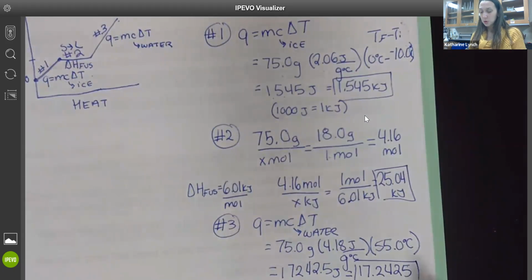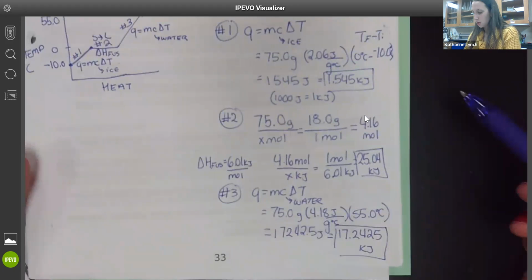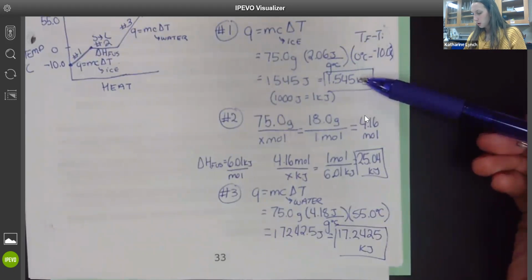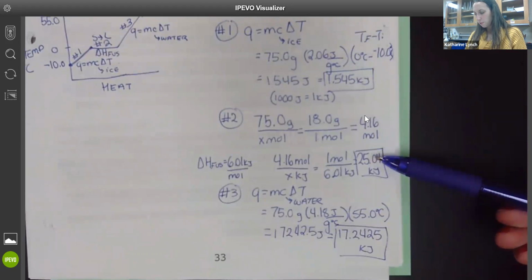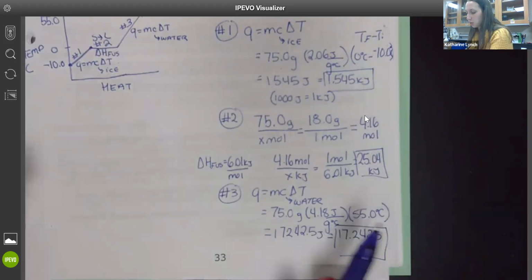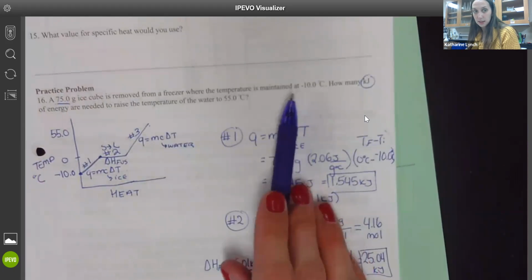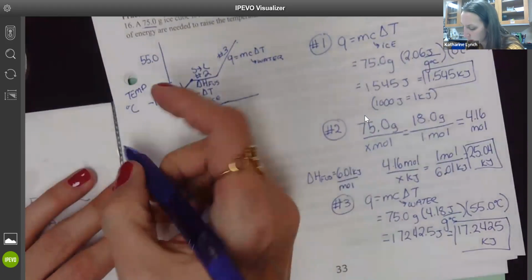So now I've got these 3 parts. Part 1, 1.545 kilojoules, plus part 2, 25.04 kilojoules, plus part 3, 17.2425 kilojoules. I'm going to round to 3 sig figs at the end because that's how many sig figs are in my delta T.